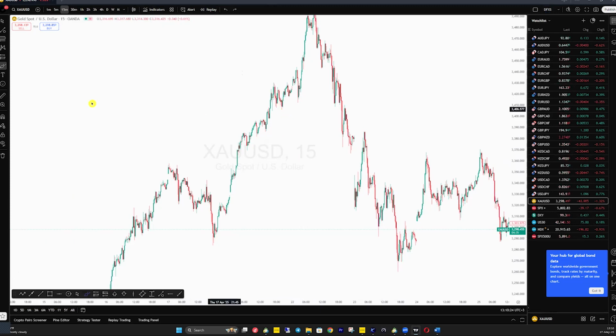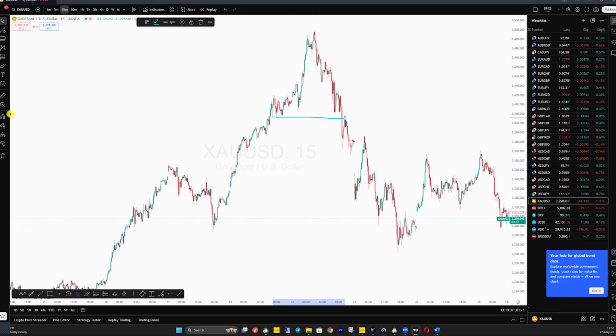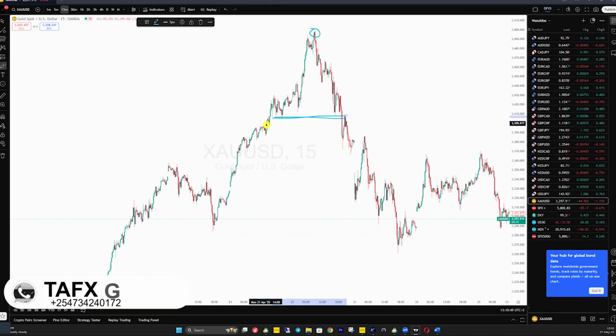You'll wait for the market to take out this inducement here. Then that is the moment you will get your higher high at this point, whenever the market takes out the inducement, because that is what I believe in, especially me.